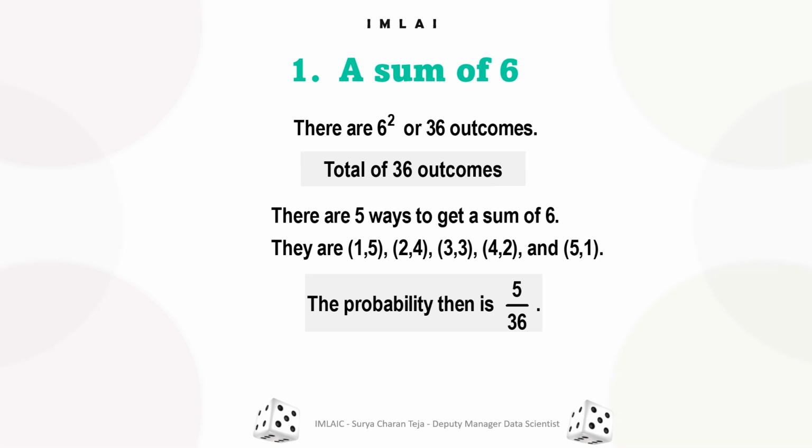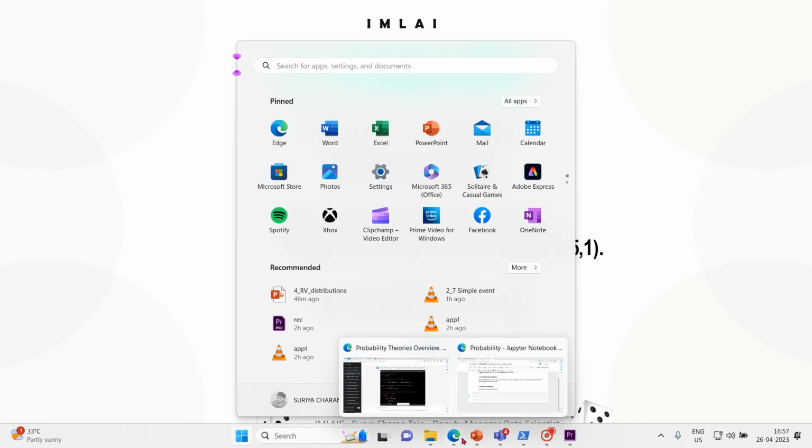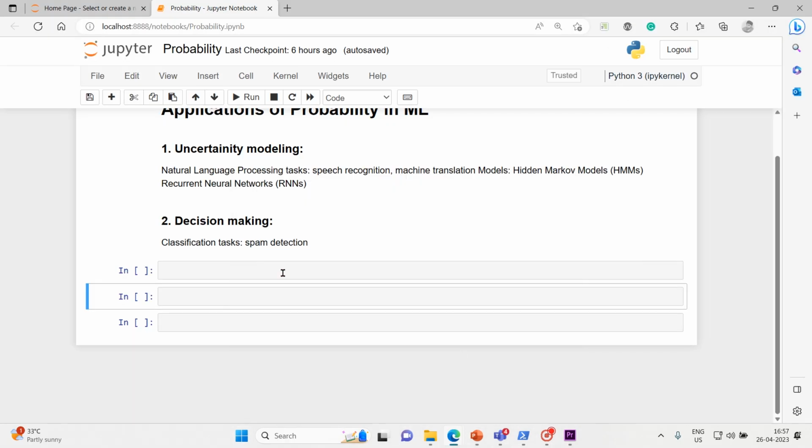Now let's put it into code. Let's write a Python code for this. Example: rolling 2 dice.